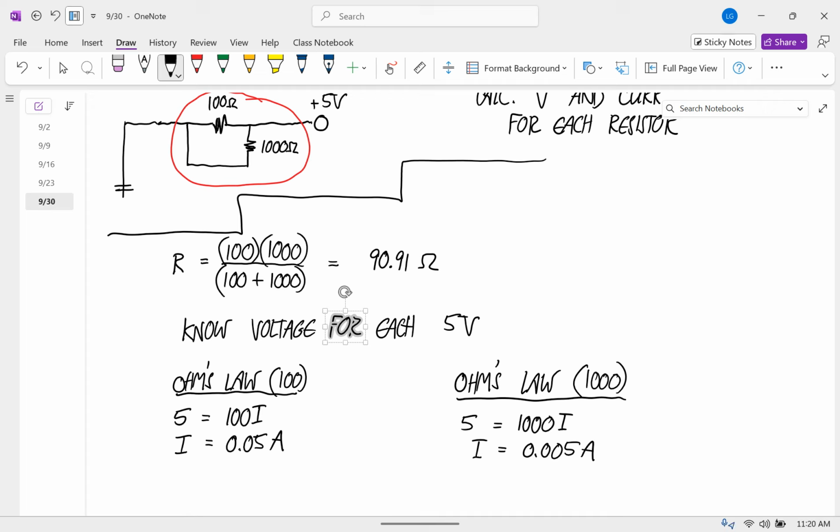This is about as much complexity to resistive circuits as we're going to have to worry about. It won't really get any more complicated than this. Any questions? Okay, well, that's it for today. The rest of the time I can answer any questions anybody has about the assignment that's due tonight.